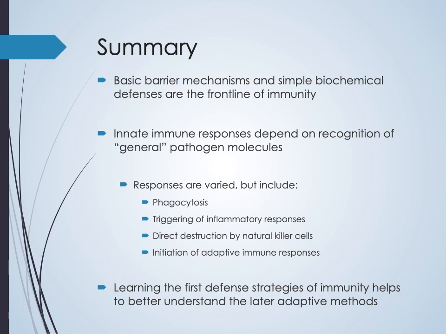And so having that understanding and foundation of the cells, the components, and the processes that are happening in innate makes it relatively easier to understand the adaptive processes that are occurring.